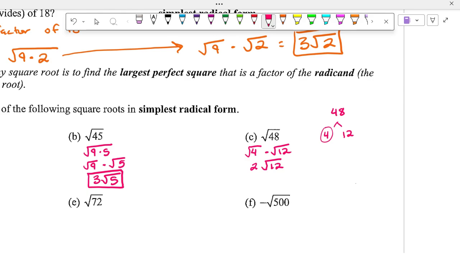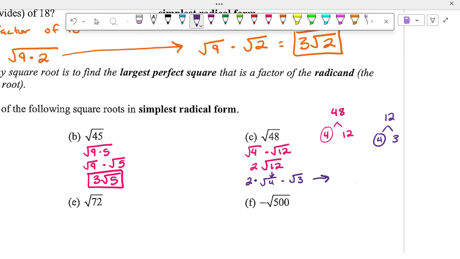Now, here's the question though. Could I break 12 down to have a perfect square factor? Yes. 12 then breaks down to what? 4 and 3. So leave the 2 out because that's still part of your answer. But now we're going to break down 12 to be the square root of 4 times the square root of 3.